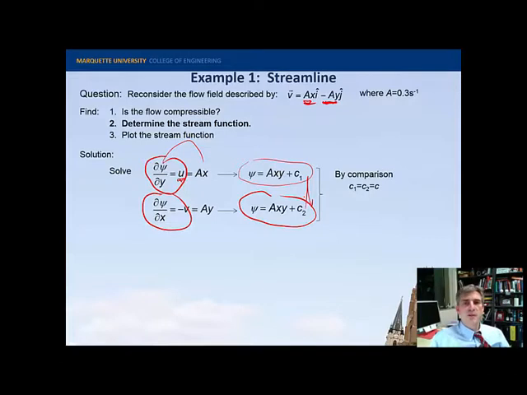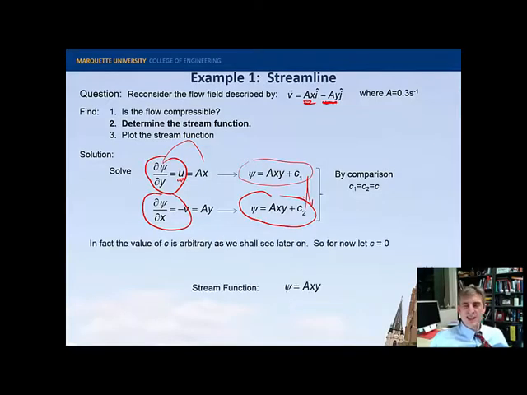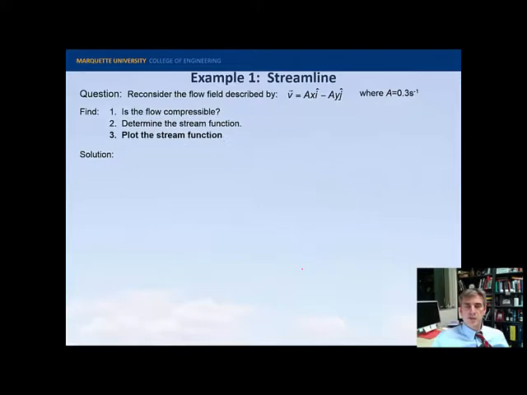Now, we'll talk more about what that constant means, but I'll tell you now that it's arbitrary, and we'll use it to some great extent later when we build more complex flow fields. So right now, let's just let it be arbitrarily 0. So the stream function, I could write it simply as psi equals x times y.